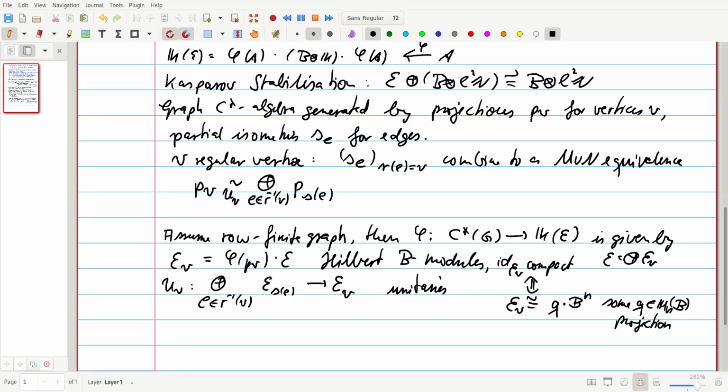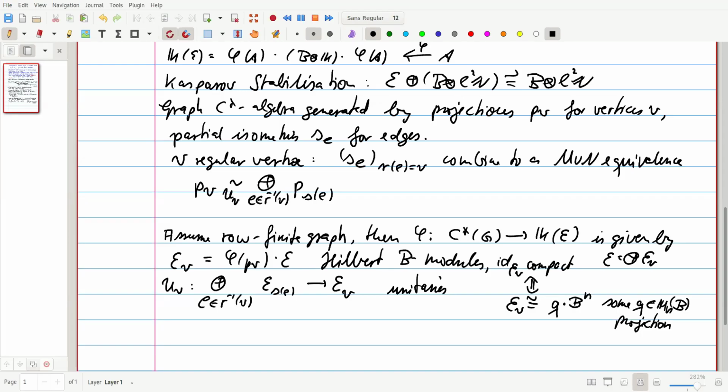So if you have a Hilbert module whose identity map is compact, then the Hilbert module must be the image of an idempotent element in a matrix algebra. And this works even if B is not unital. So in particular, if B is not unital, of course, then the unit projection isn't there, but also B as a Hilbert module would not have a compact identity operator, so this all fits together.